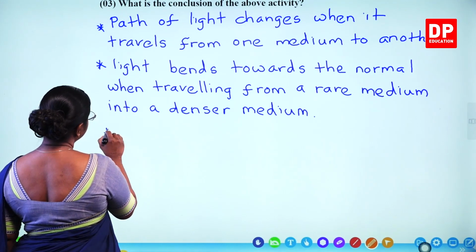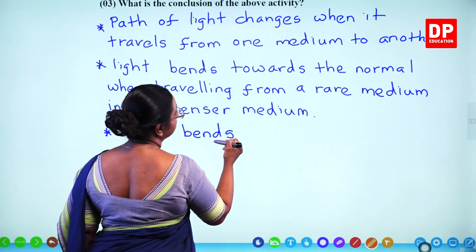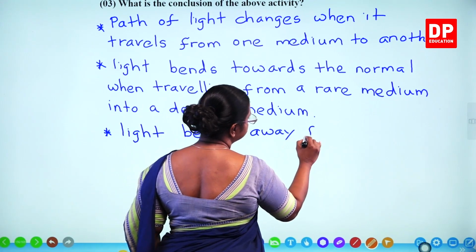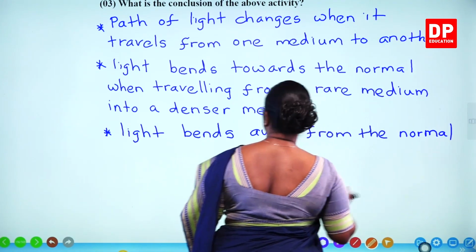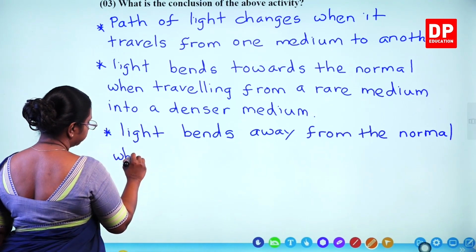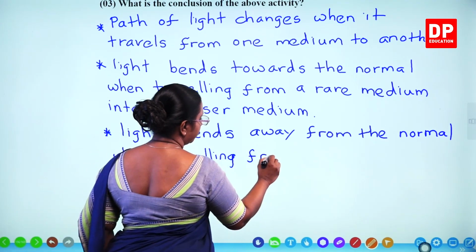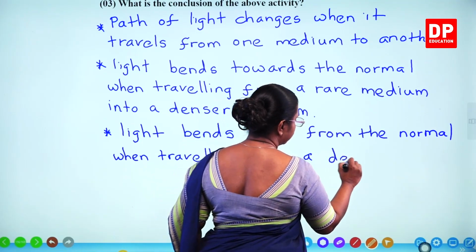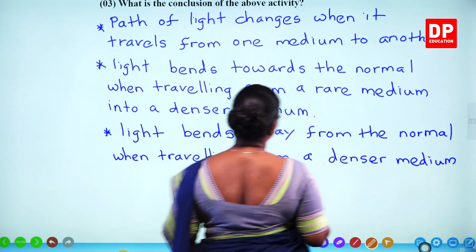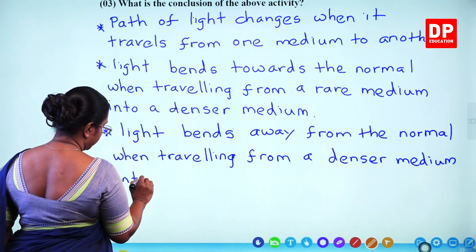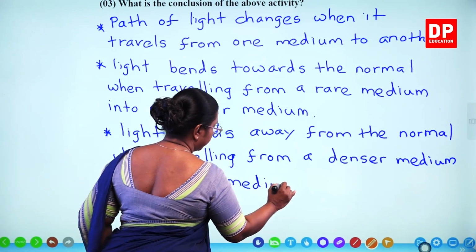So here we can say light bends away from the normal when traveling from a denser medium into a rare medium.